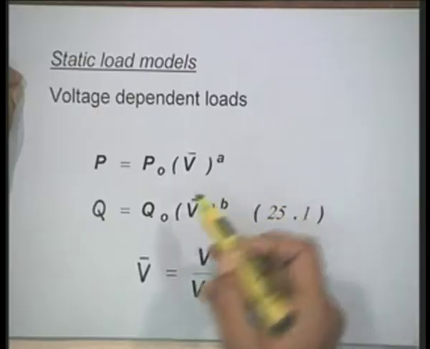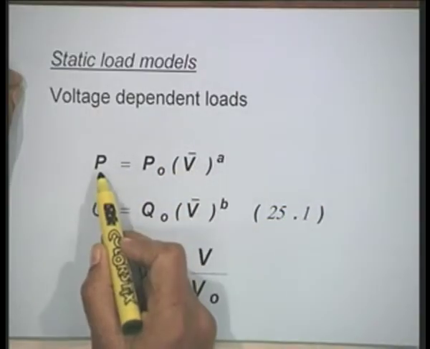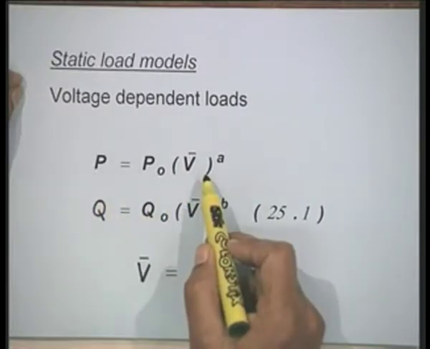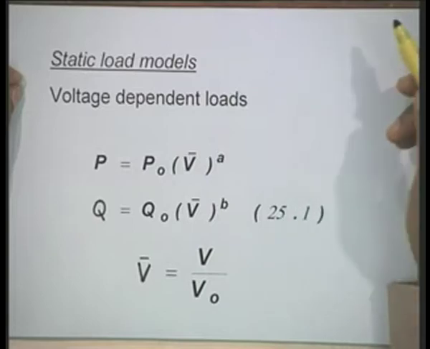Now, if I take these indices A and B equal to 2, that shows that the power consumed is proportional to V square, and that is the characteristic of a constant impedance load. For example, in our classical transient stability studies which we discussed, we were representing the loads by constant impedance.